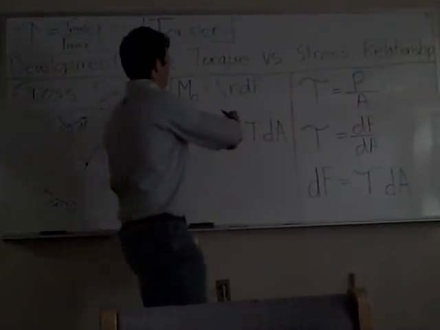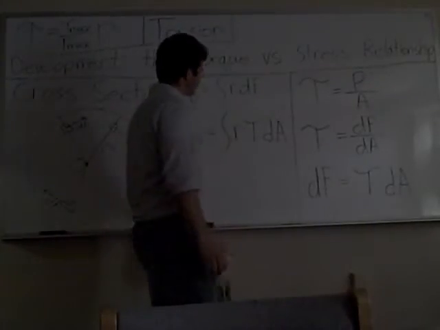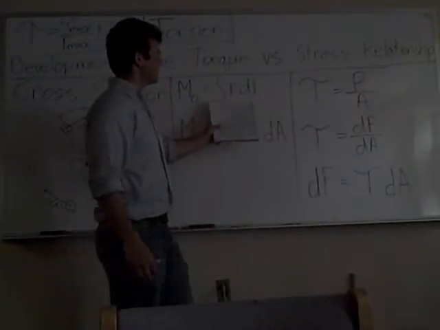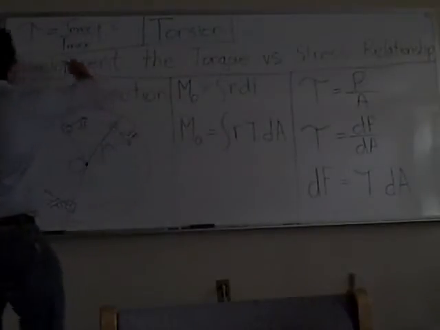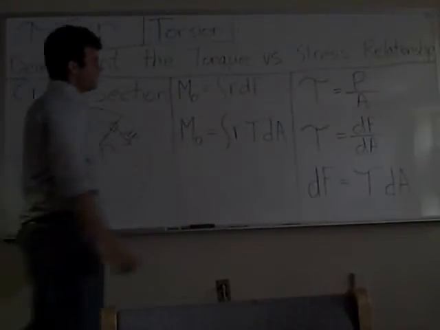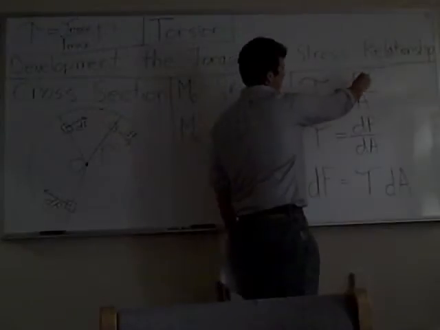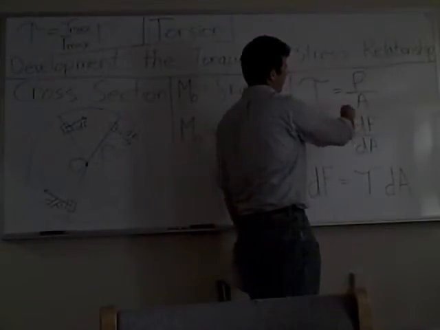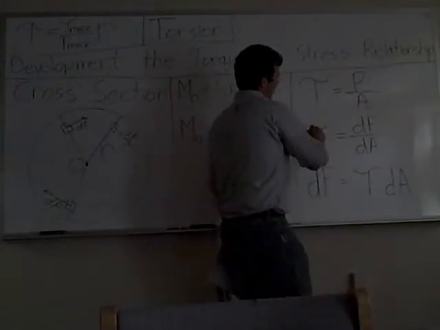And so we need to get dF in terms of r in order to solve this integral. And how we're going to do that is through our stress equation, a relationship between stress and radius. So we know that the stress is going to equal the force applied divided by the cross-sectional area.